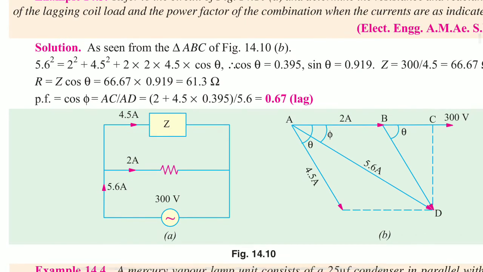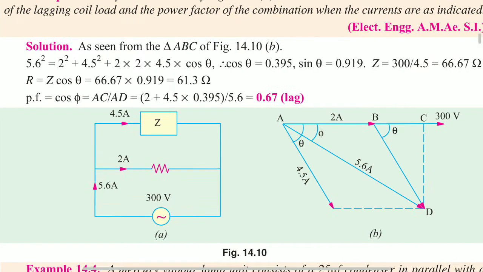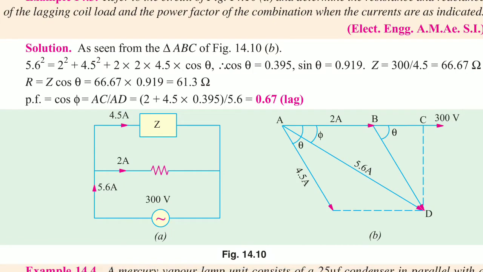Here R is equal to Z cos theta, that is 66.67 into 0.919, that is 61.3 ohms.